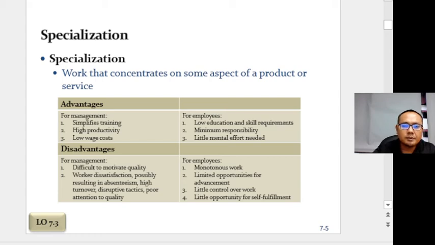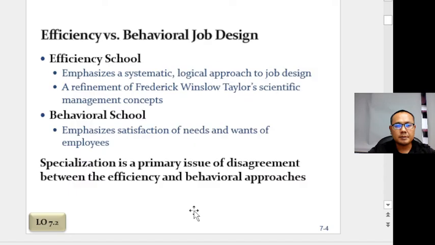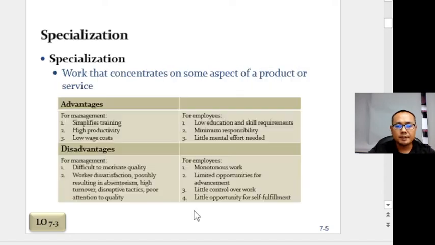So while looking for productivity, sometimes the issue is how to make sure that we focus on the efficiency or behavioral approach.